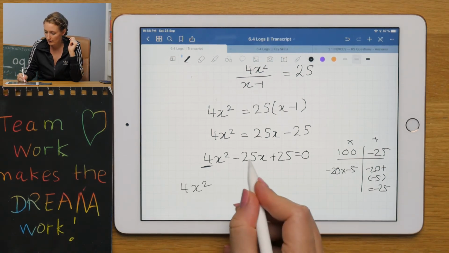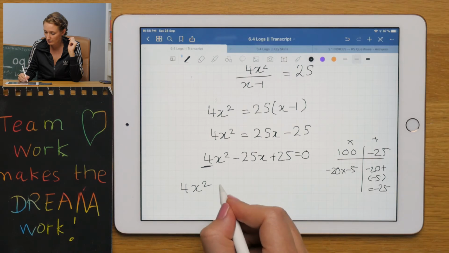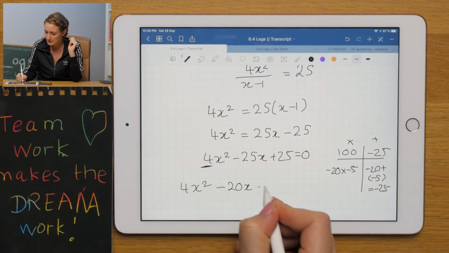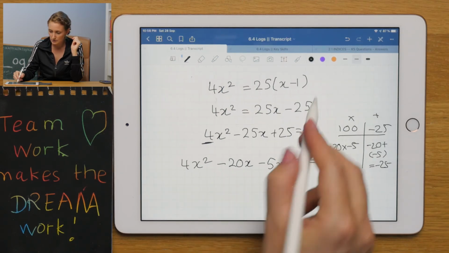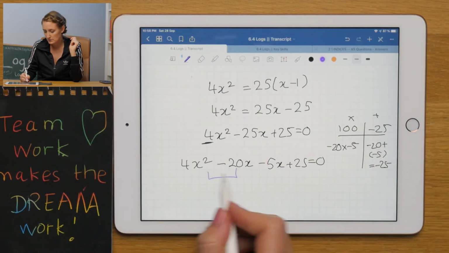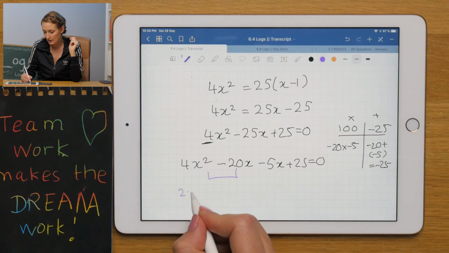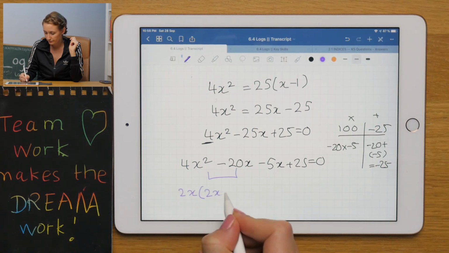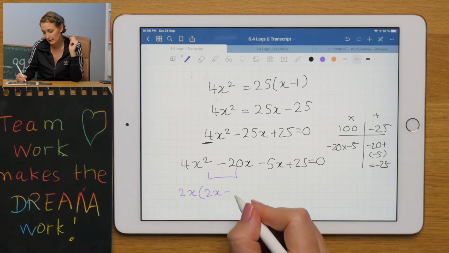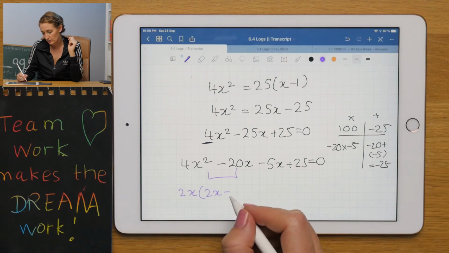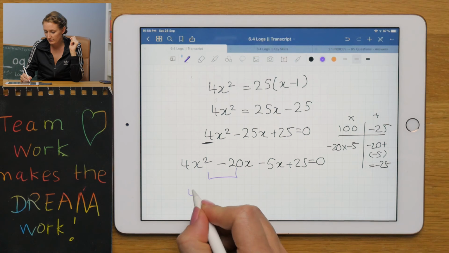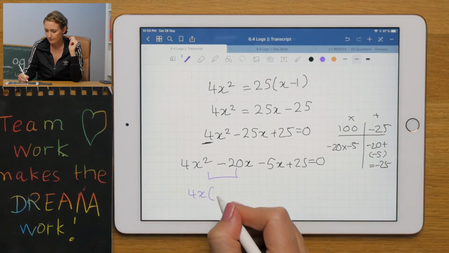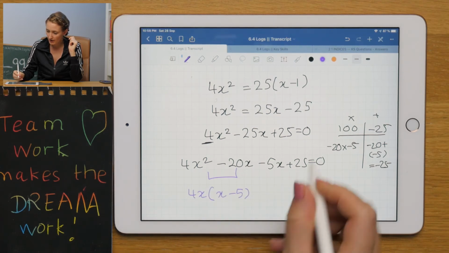So what I'm going to do here is split up the minus 25x into minus 20x and minus 5x plus 25. And I'm going to solve this as 2 mini problems. So from these two, I can take out 2x. Actually, I can take out 4x. Always take out the maximum. So that would be x minus 5.